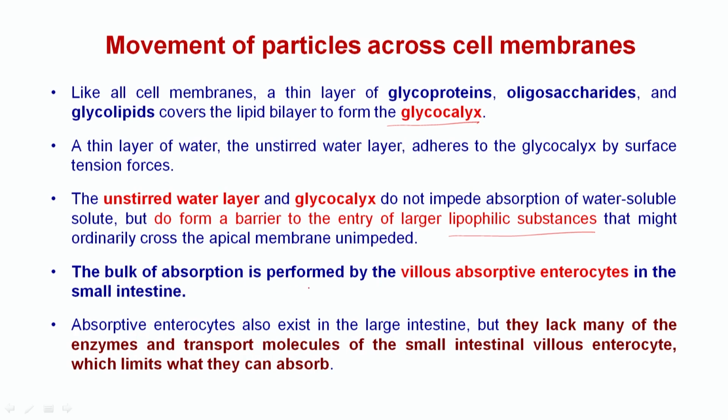The bulk of absorption is performed by the villous absorptive enterocytes in the small intestine. Absorptive enterocytes also exist in the large intestine, but they lack many of the enzymes and transport molecules of the small intestine villous enterocytes, which limits what they can absorb.